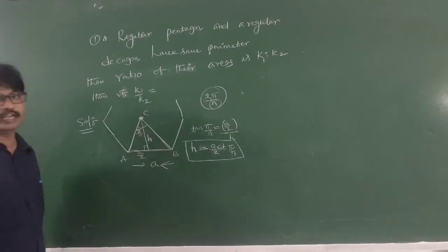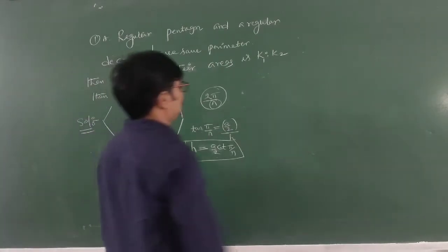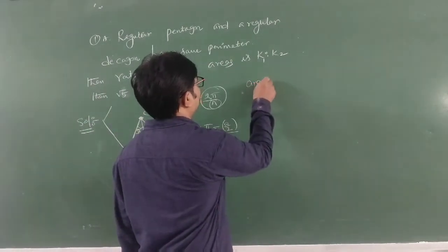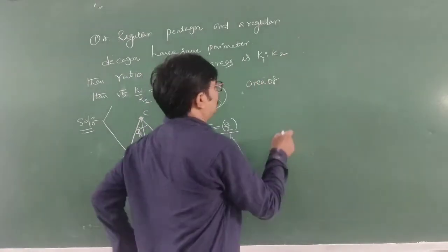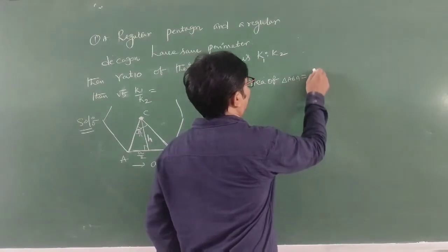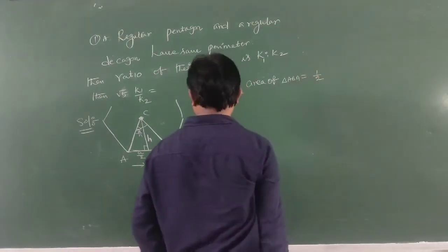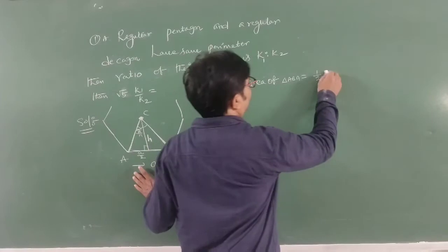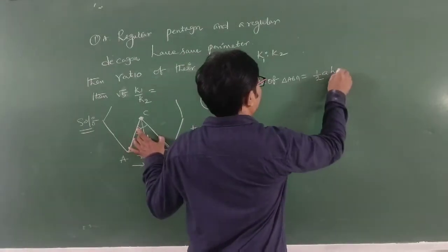Now the area of the triangle ABC is half of base times height. Base is a, height is h.